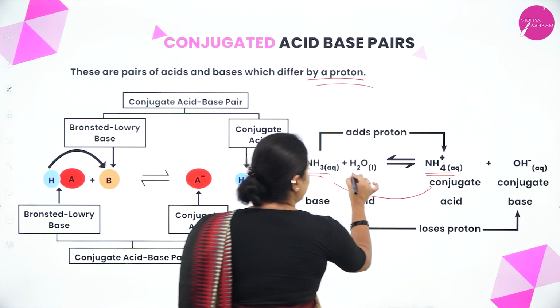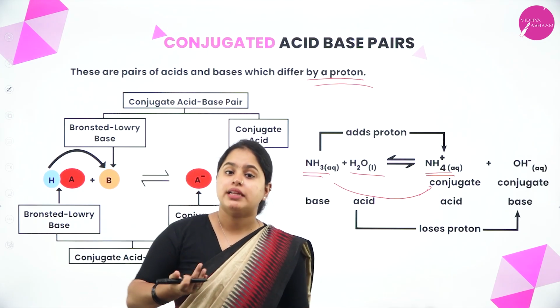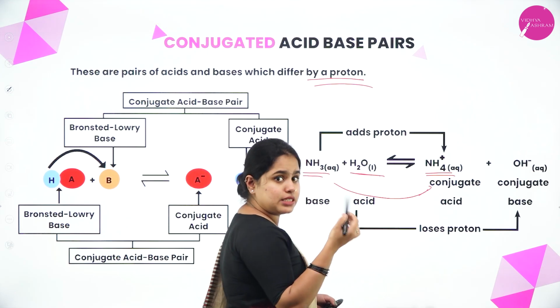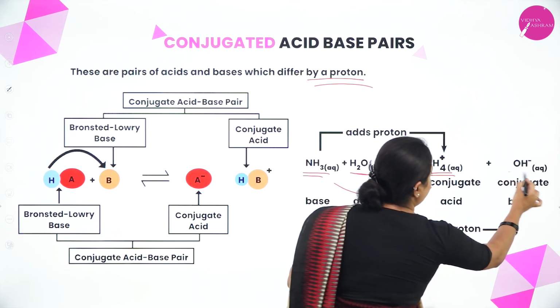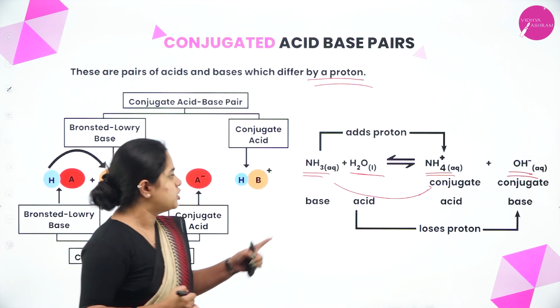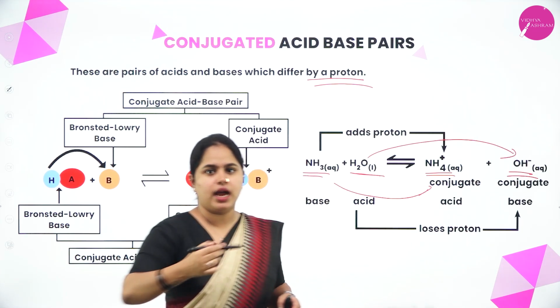Now you have water, which is the acid here. An acid is ready to release its H plus ions, right? So H2O will release one hydrogen ion and form OH minus ions. The H plus ion will be released from there. So this is your acid and this will be the conjugate base for that acid.